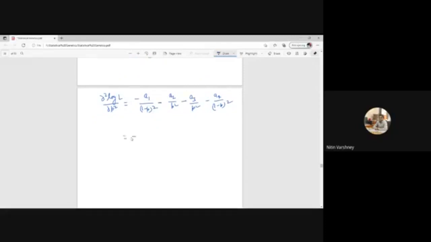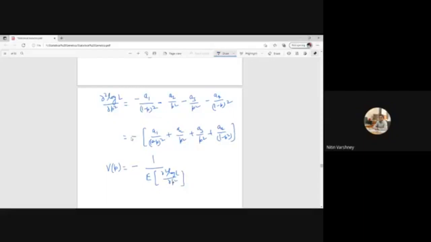So this will be minus, if I take common, a1 upon 1 minus p whole square plus a2 upon p square plus a3 upon p square plus a4 upon 1 minus p whole square. Now, what is the formula of variance? It is minus 1 upon the expected value of the double derivative of log L with respect to p square.